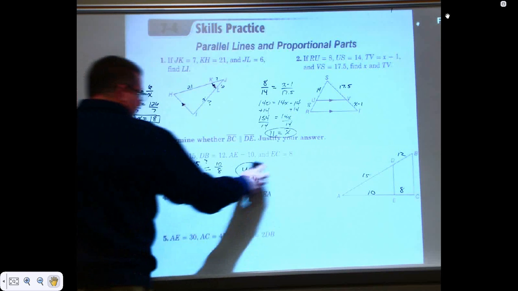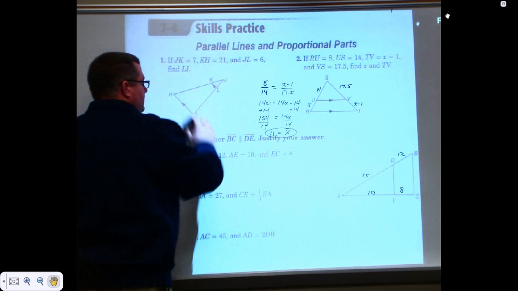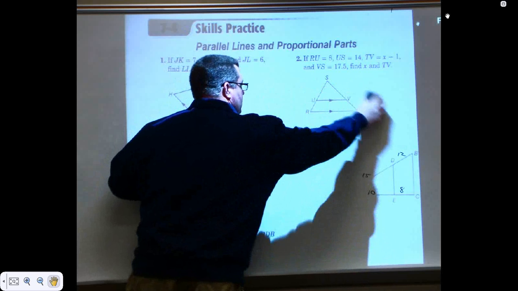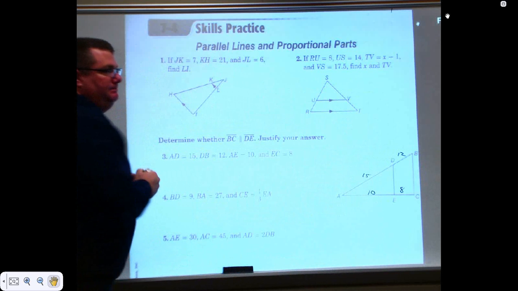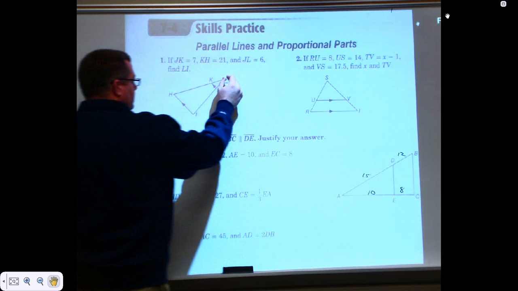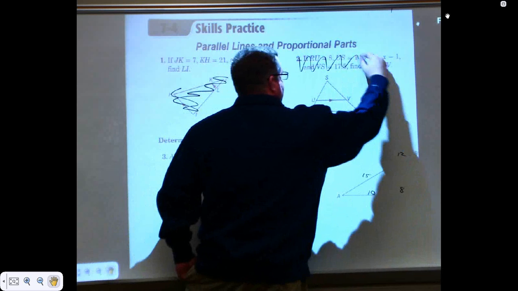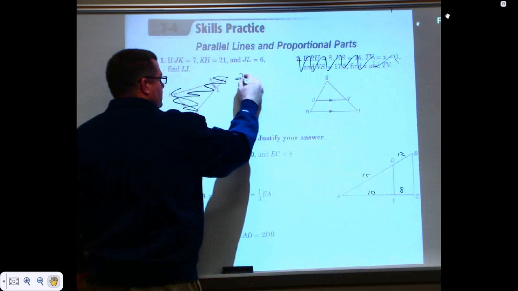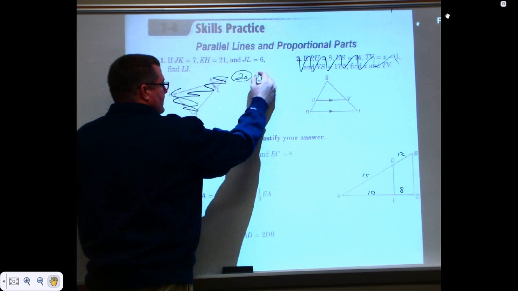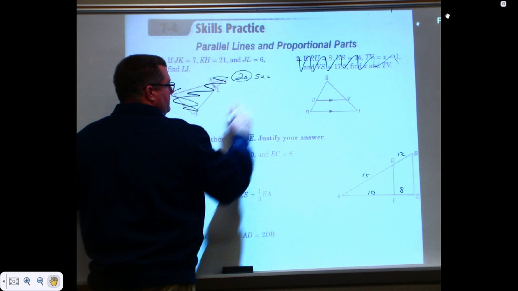Off to the side, I'm going to do another problem. I'm going to call this one 2A. Let's say SU is equal to 10.